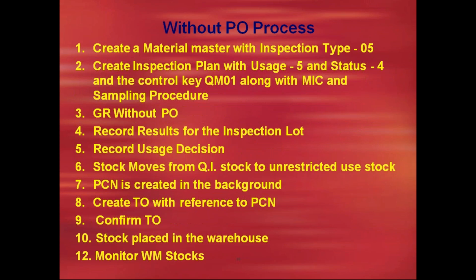In the same way, in the production order process, here also a quality inspection lot will be generated, without the purchase order process. Then the quality inspection lot is created, then the stock moves from quality inspection to unrestricted.